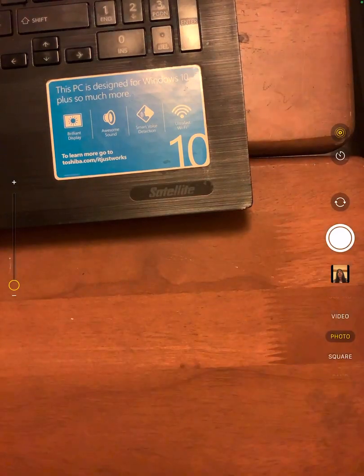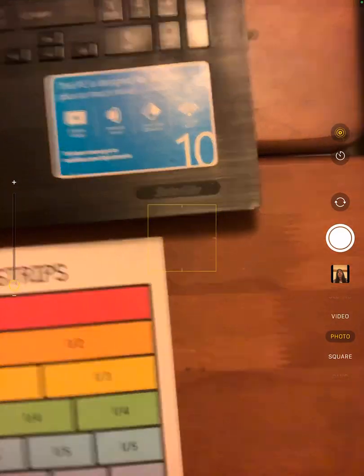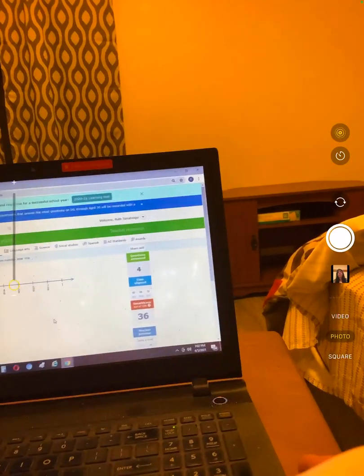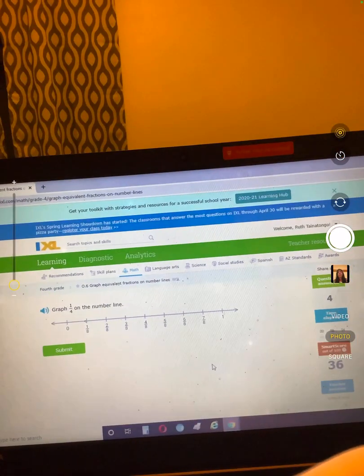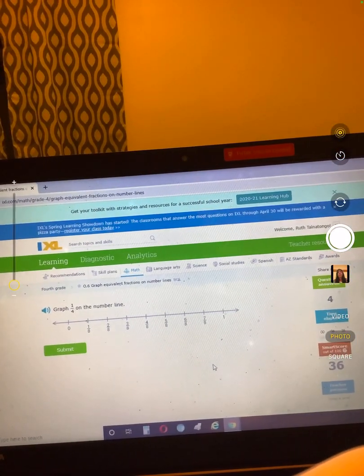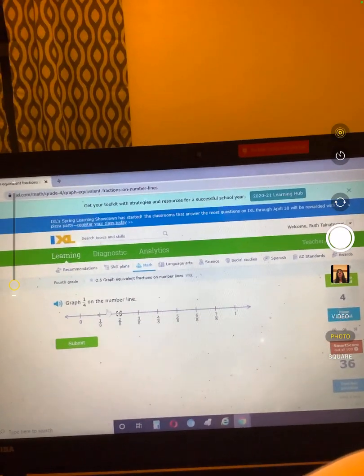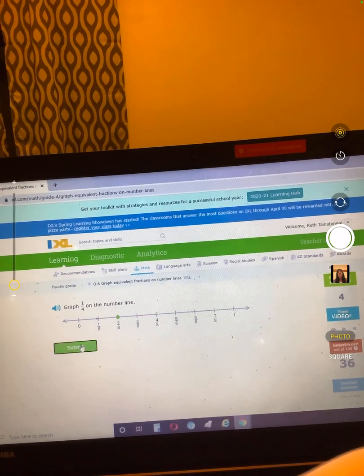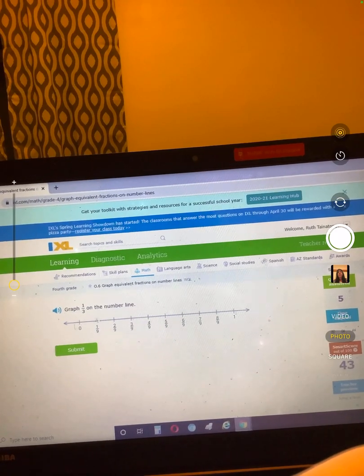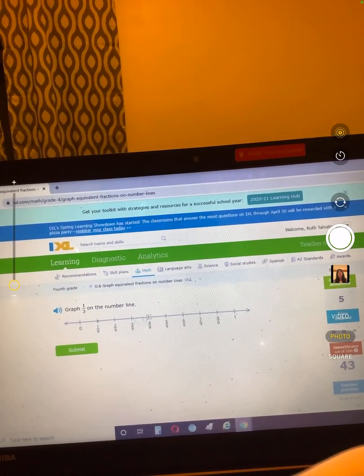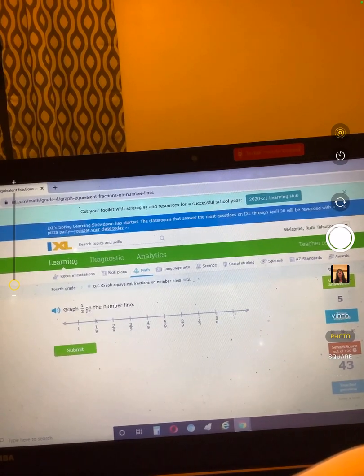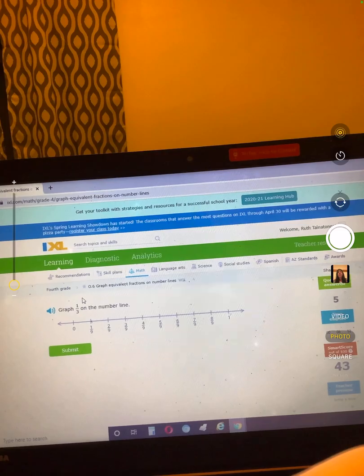Let's take a look at IXL, okay? Oh, I just did this one with you. So you mark it like that and then submit, okay? So this is ninths, and I have ninths on my paper. We're going to go 1/3.